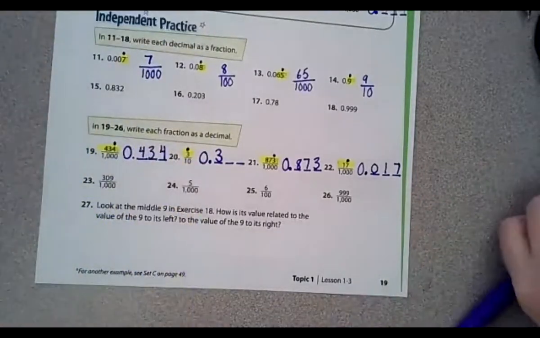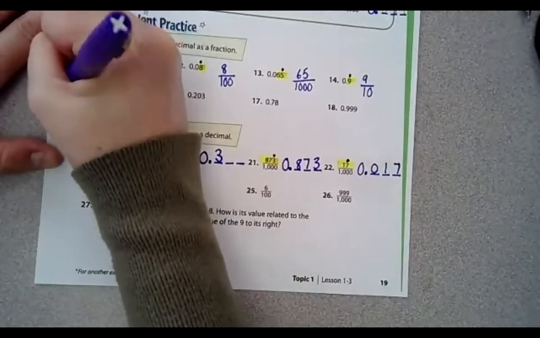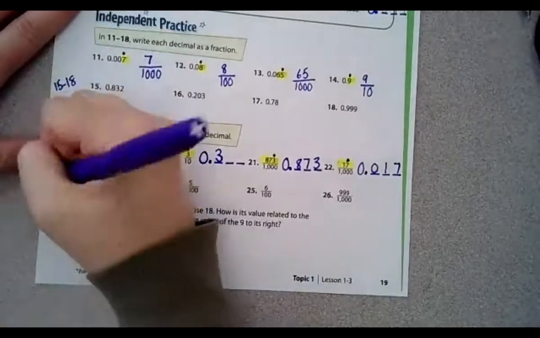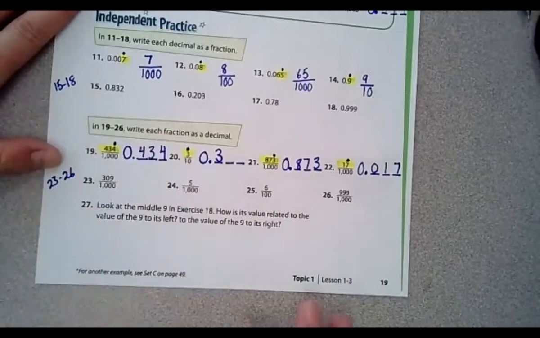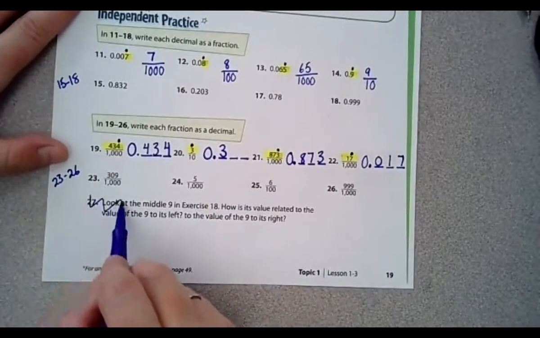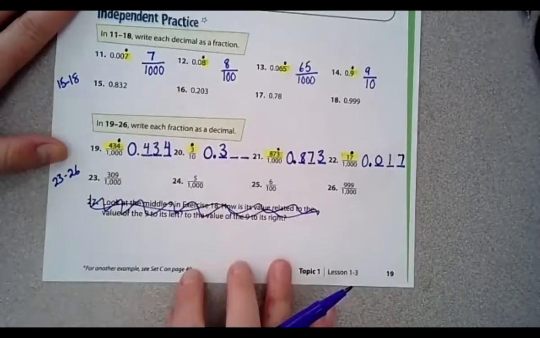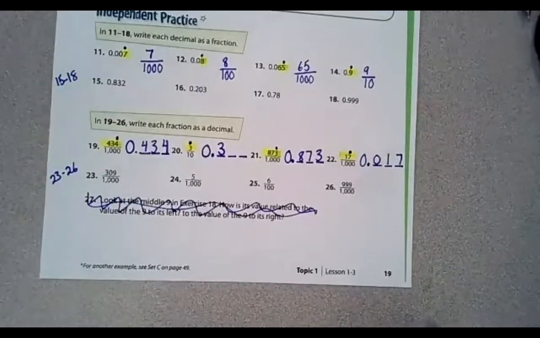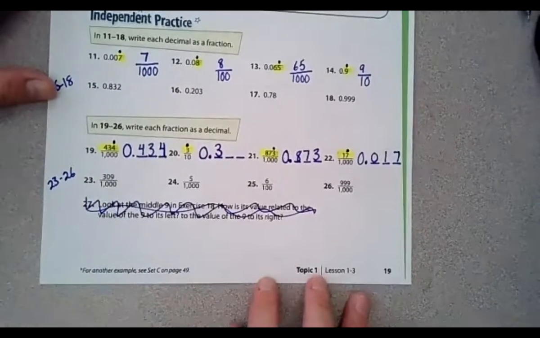Okay, so tonight you've got to do 15 through 18. You've got to do 23 through 26. Okay, don't worry about 27. Now, if you can bring this paper to me or Sydney, a piece of paper where you've written this down, that is just fine.